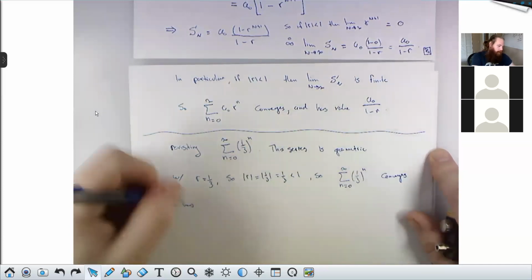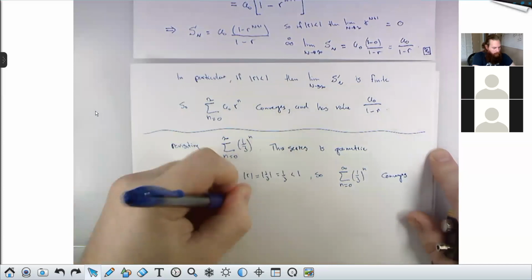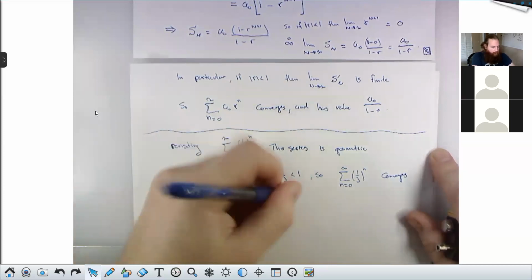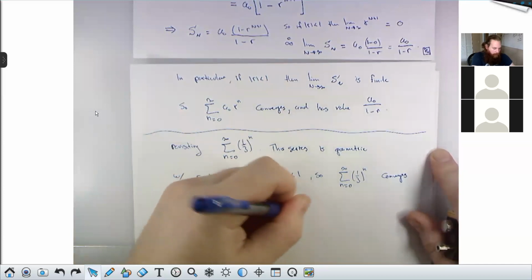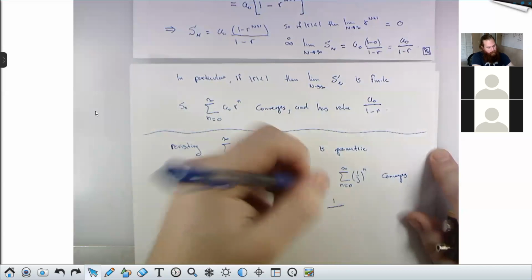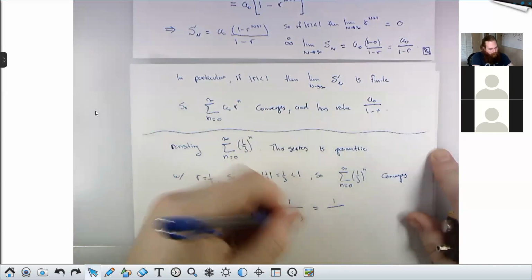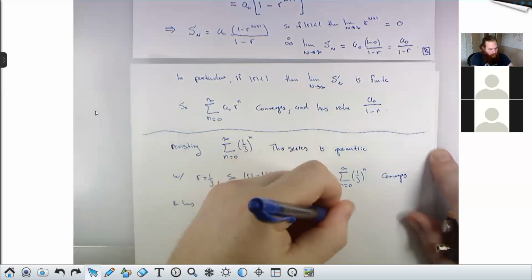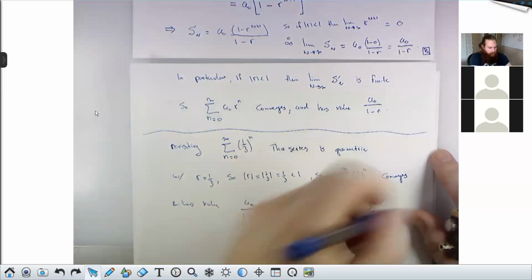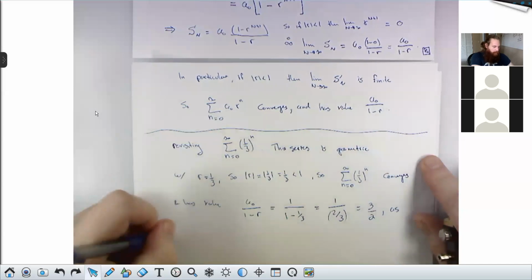And it has value A naught over 1 minus r. A naught here is 1, so this is 1 over 1 minus 1/3, which is 1 over, let's see, 3/3 minus 1/3, that's 2/3, which is indeed 3/2, as we suspected.